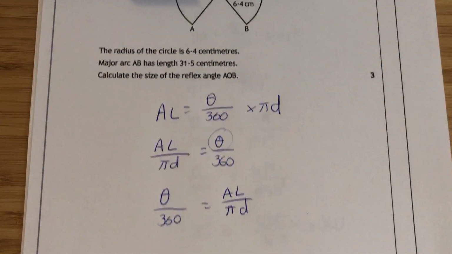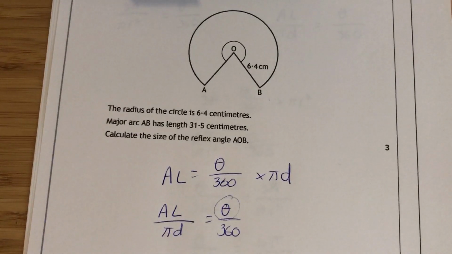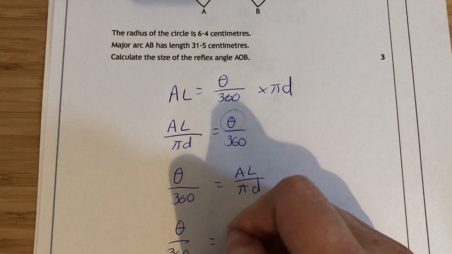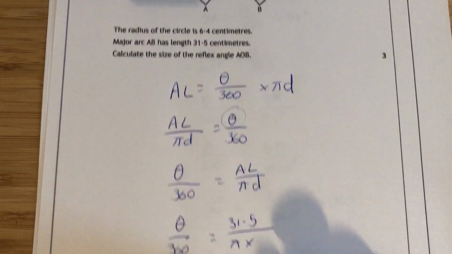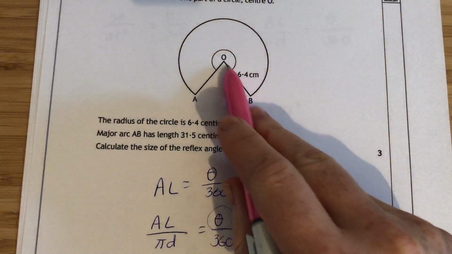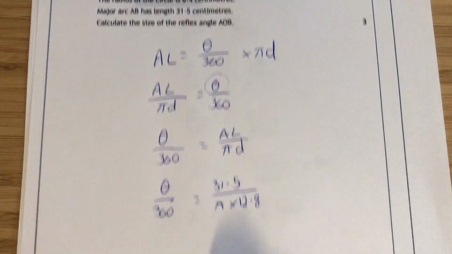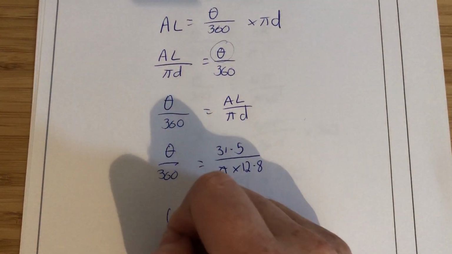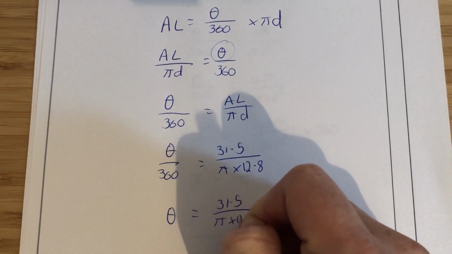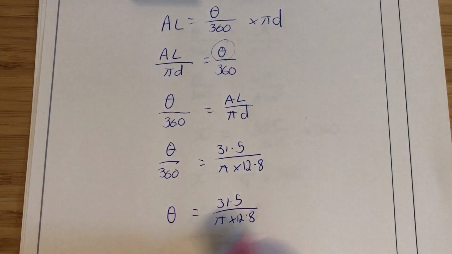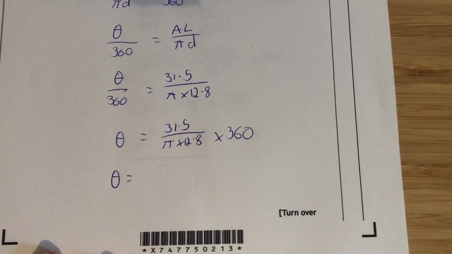Alright, so now we've got theta, which is what we're looking for, over 360 equals, arc length is 31.5, so we're going to put 31.5 there, over pi times, the radius is 6.4, so the diameter is going to be 12.8. And then last little line, angle will equal 31.5 over pi times 12.8. We've had to multiply by 360, so we're going to do that on this side as well. And then you can get your answer.